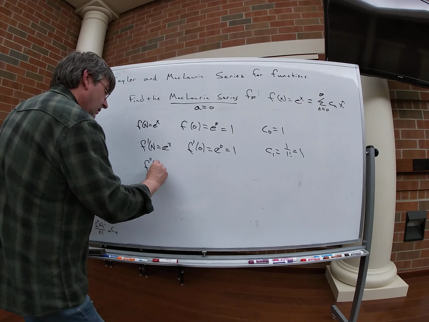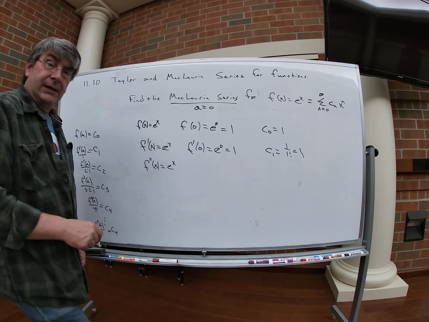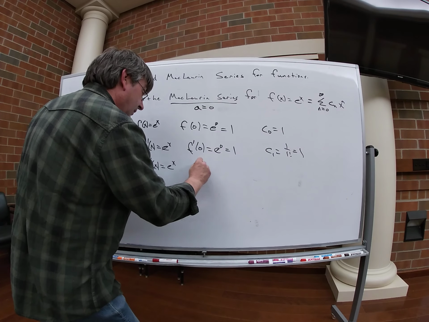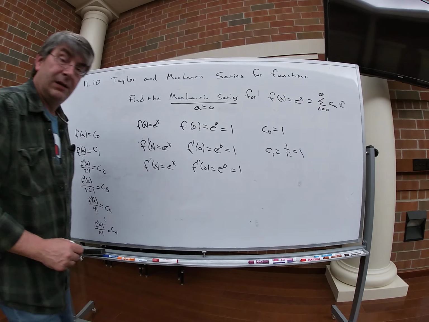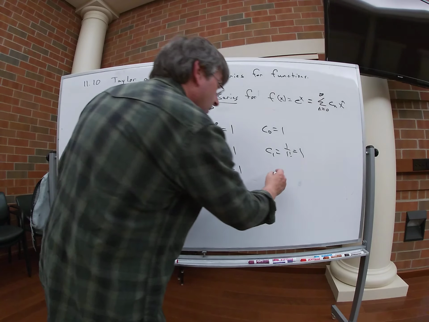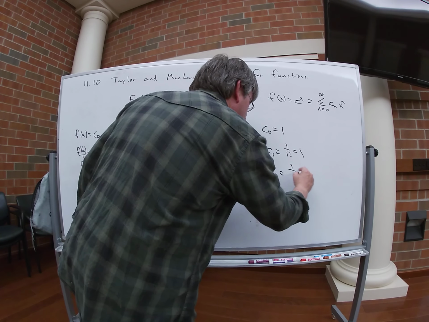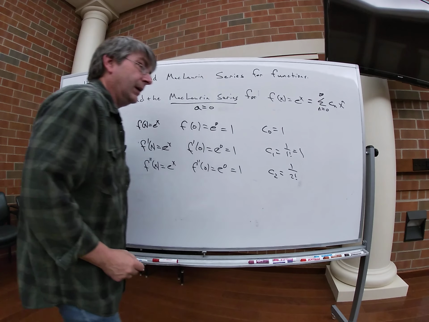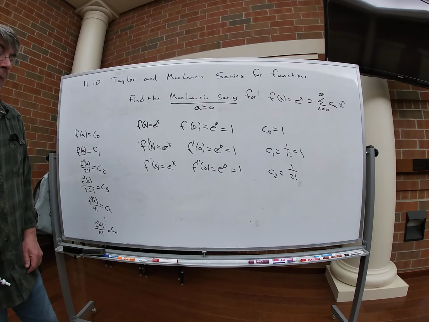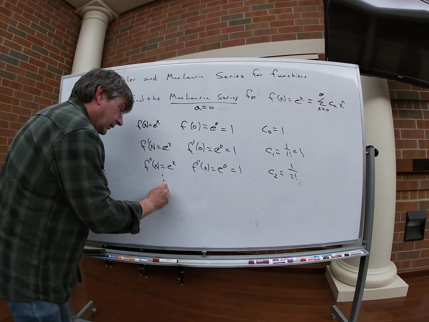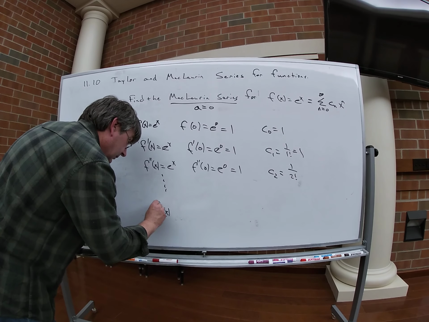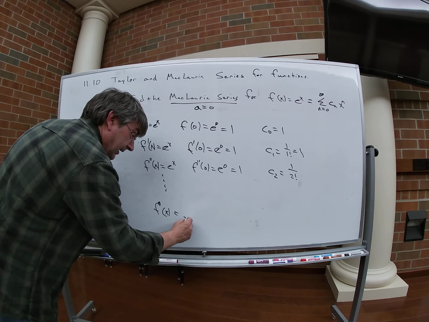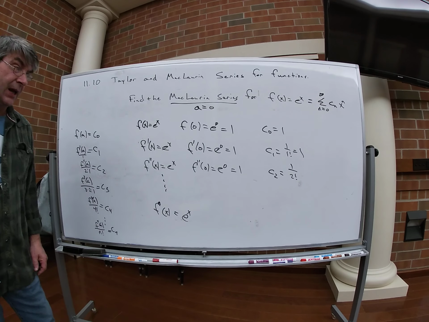Second derivative, that's e to the x again. So the second derivative at 0 is e to the 0 is 1. So c2 will be 1 over 2 factorial. Okay. What's the nth derivative? The nth derivative is again e to the x. It's always e to the x.